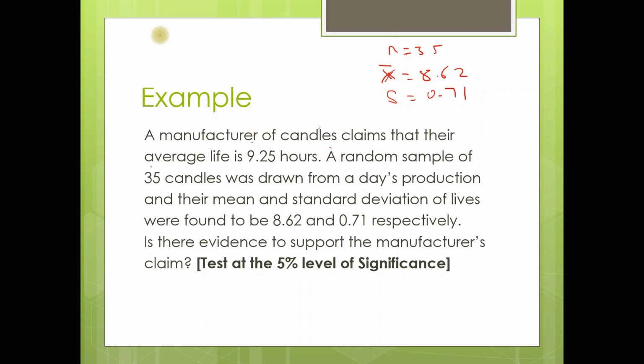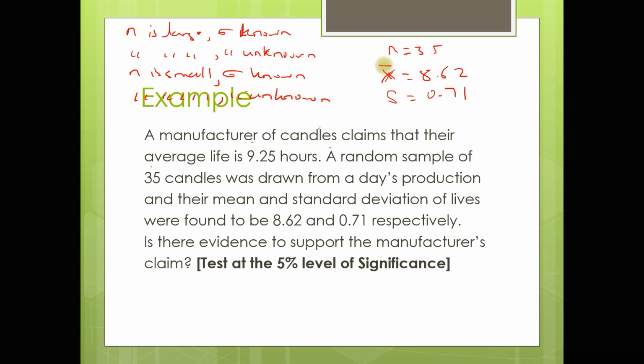I'll make a quick recap: n is large, sigma known; n is large, sigma unknown; n is small, sigma known; n is small, sigma unknown. These are the four different cases that you will have in a question.